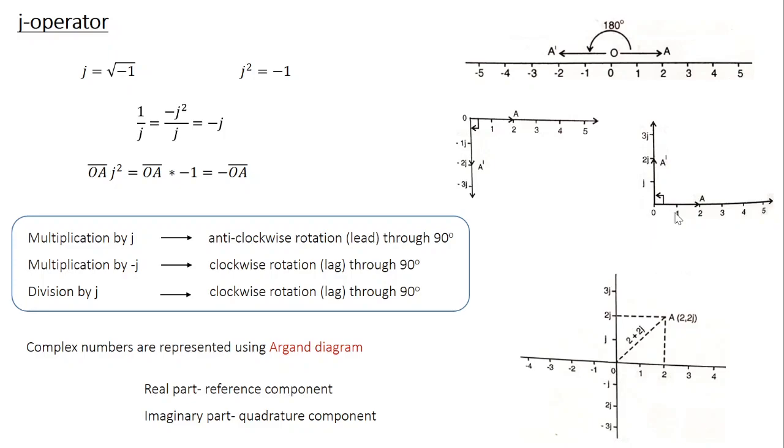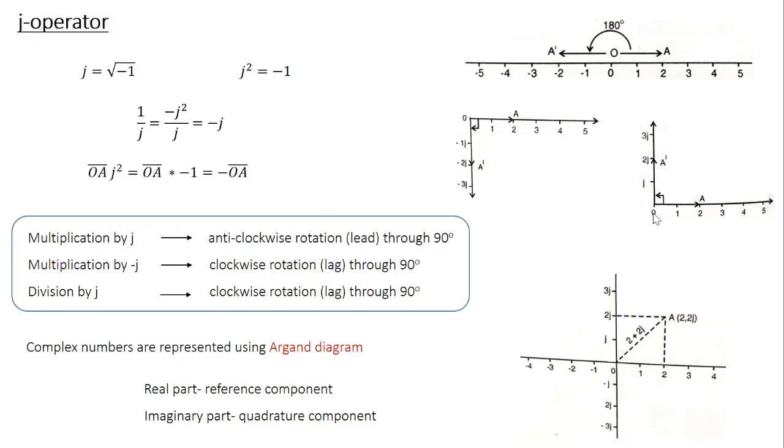Suppose you have an OA vector along the x direction. You want to convert into an OA prime along the +y direction. So here you can see that OA is rotated through an angle 90 degree in the anti-clockwise or counterclockwise direction. And this rotation is given by multiplication with +J.